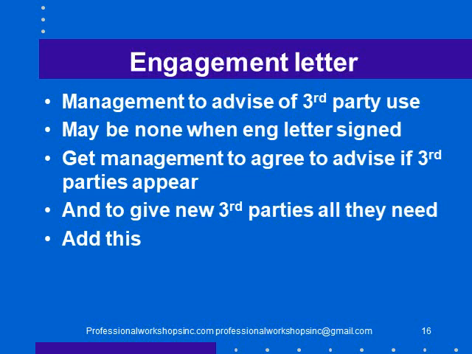So I would add that and duplicate it. We have to say who the third parties are and promise that we'll give them the information, and just reword that to say if there are any new third parties, we'll tell you and we'll give them all the information necessary. So I think that's important to add to the engagement letter.